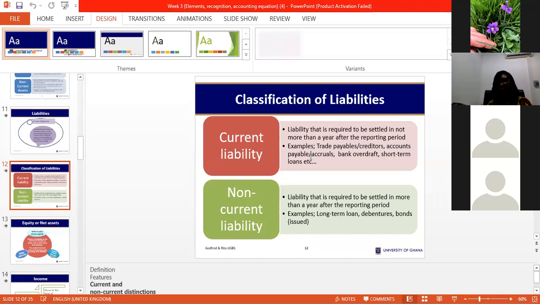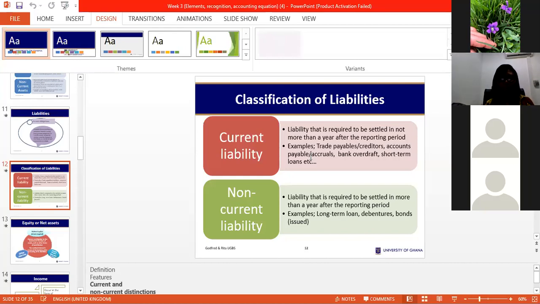Then we also have the short-term loans. That suggests that within 12 months, you have to pay back. That is a loan. So once it's a current liability, then within 12 months, you must convert it by paying cash.